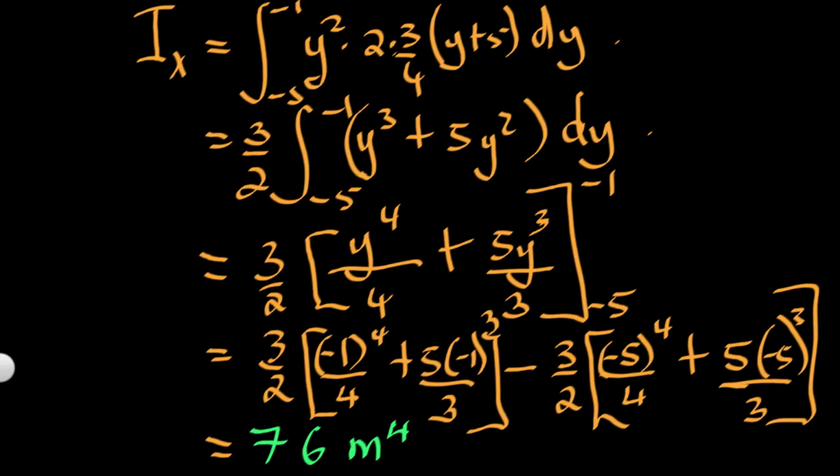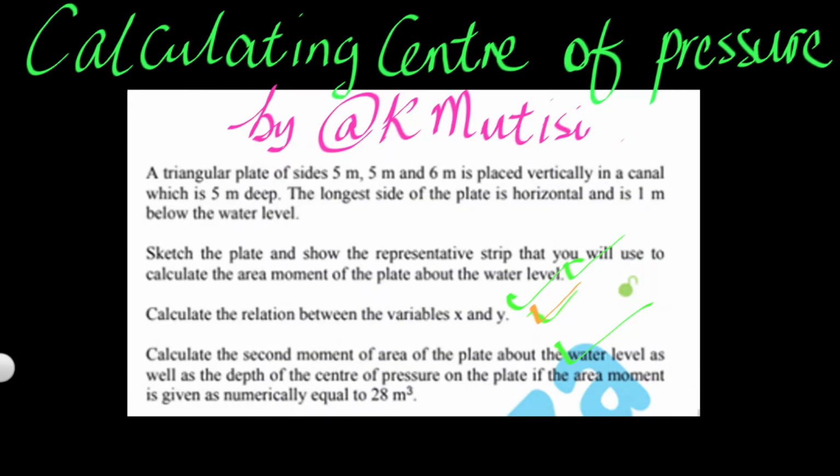Let me show you the question. I'm going to dim this question here. Calculate the second moment of area of the plate about the water level. So the water level in our sketch was the x-axis. That is why I used I subscript x, the second moment of area about the x-axis. That is what I did.